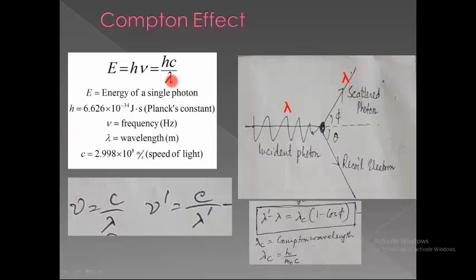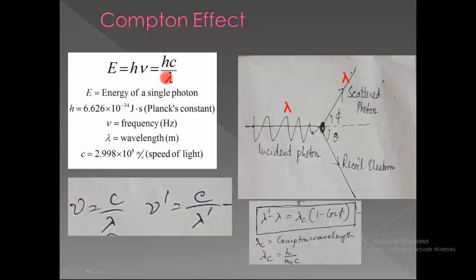Energy is calculated using this formula. You have given some of the energy to the electron after knocking. So when you are scattering after hitting, moving in the other direction, you have less energy, remember. Your energy is now less because you have given some of it to the electron. Now this energy is reduced.